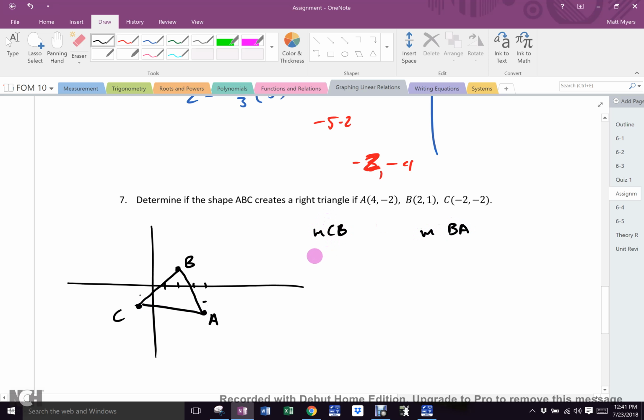CB is -2 minus 1 over -2 minus 2, which is -3 over -4, which is 3/4. BA is 1 plus 2 over 2 plus 4, which is 3 over 6. Perpendicular? No. So right angle triangle?